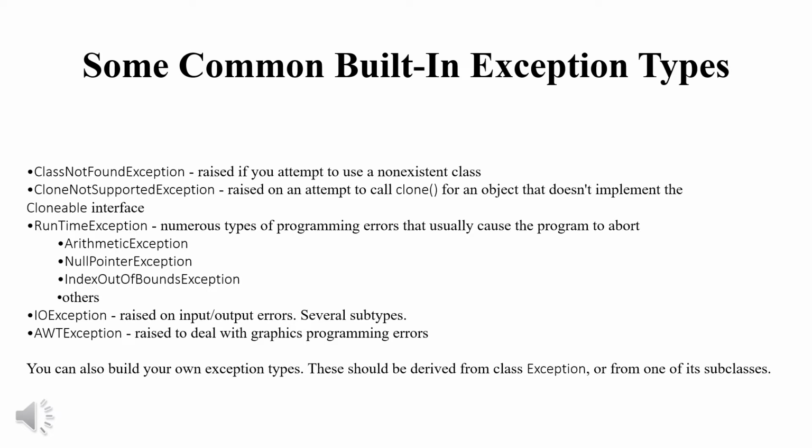Another type of exception is IOException. As you see, based on its name, it's a type of exception that happens when we have input-output errors. An AWTException is another type of exception that happens when you have graphics programming errors.